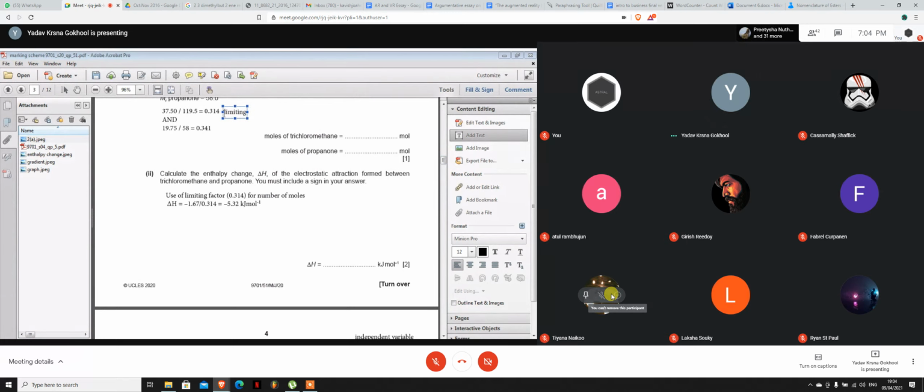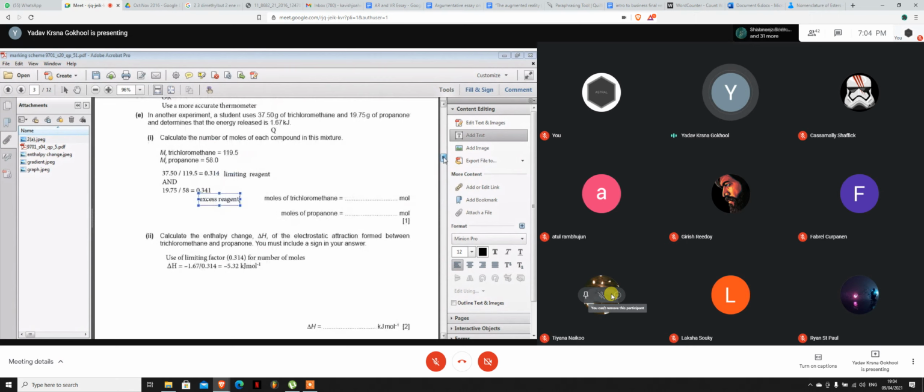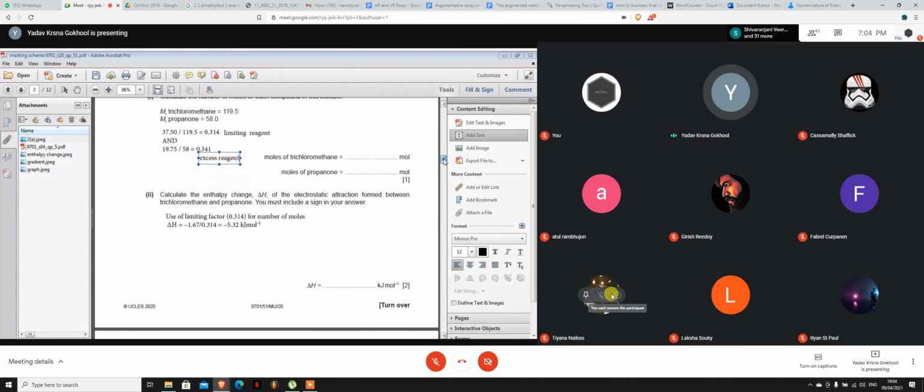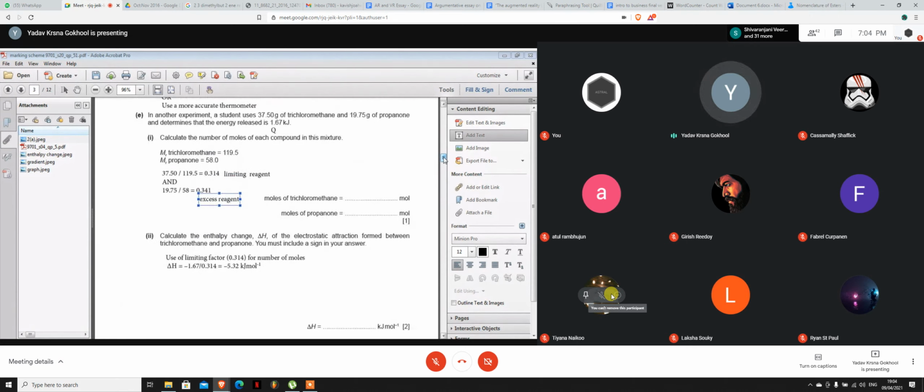reagent. In fact, we are finding delta H, and this is the excess reagent. So usually we find Q, mc delta T, then the number of moles, and then delta H. But over here, we are already given Q, and we have found the number of moles.